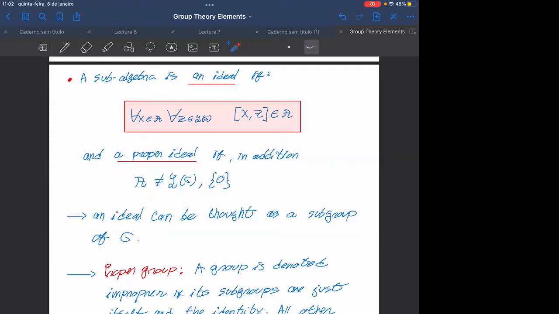So this is like when it's not a trivial group or a trivial correspondence between A and the LG. This defines a proper ideal.